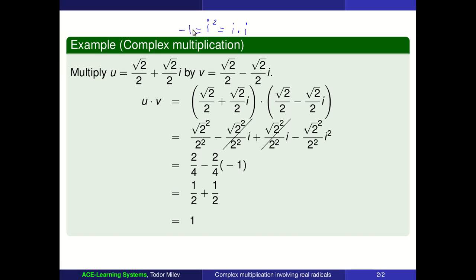We knew that from before, but we see that there are relatively fancy ways in which this can happen. So it was by no means obvious that this complex number times this complex number is going to be real. But it did happen.